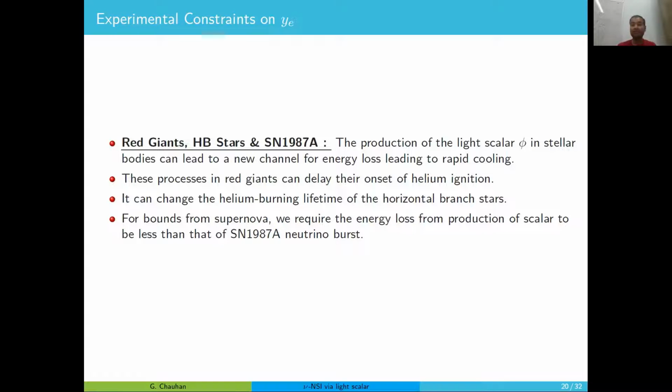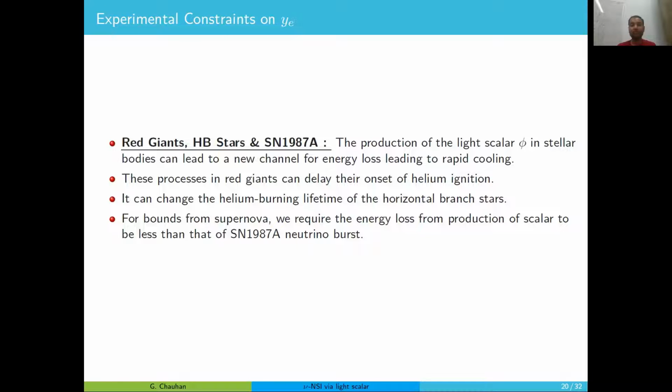And since it doesn't interact much, it has a very long mean free path. Then it leads to a new channel for energy loss, which leads to rapid cooling of these astrophysical bodies. For the case of red giants, it can delay the onset of helium ignition if it takes away too much energy.